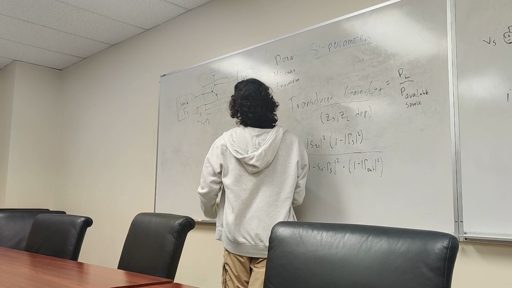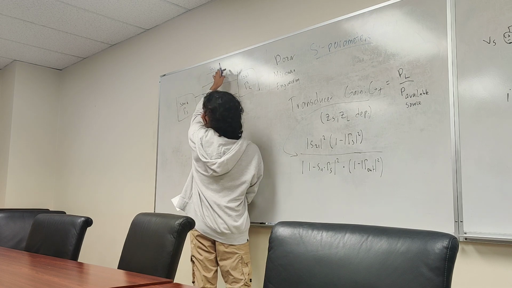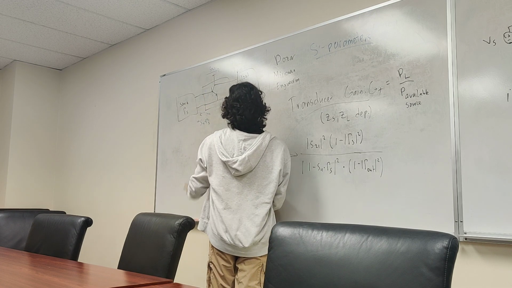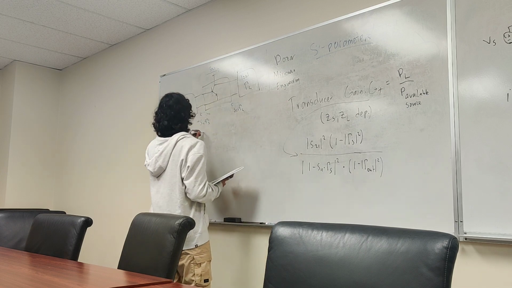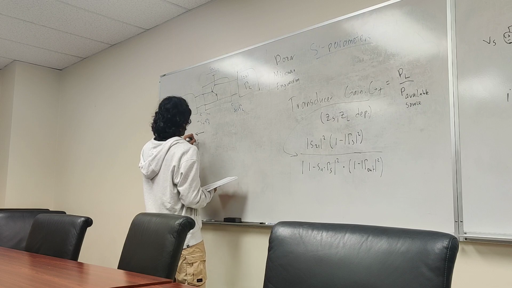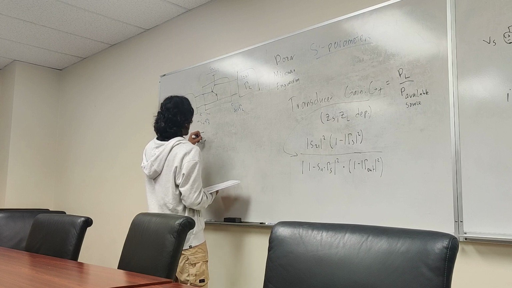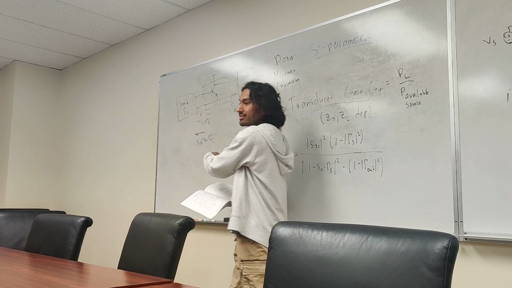Whatever goes in, just like how whatever signal goes over here gets multiplied by S21, this is going to get multiplied and show up in this different color over here as S12 times S21 times gamma L. Does that make sense? Okay.